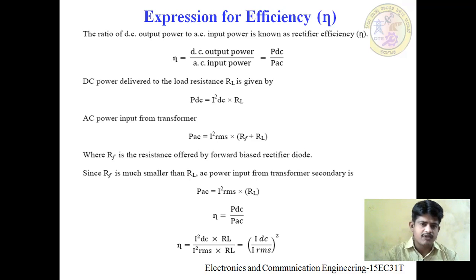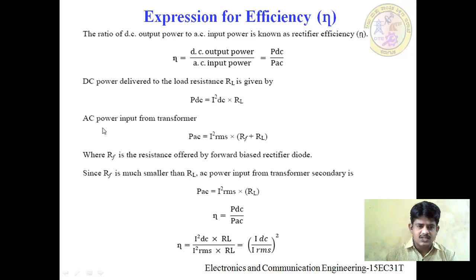So what is the power equation? It's I squared into R. As per Ohm's law, we know that power is equal to I squared into R. Here I squared is I²_DC and R is R_L. So this is the equation for P_DC. Similarly, the AC power input from the transformer. Here also we take I squared into R.